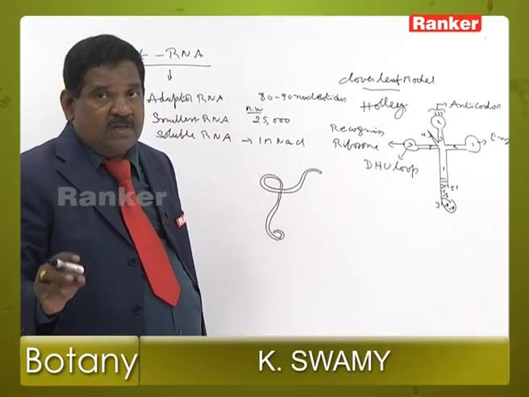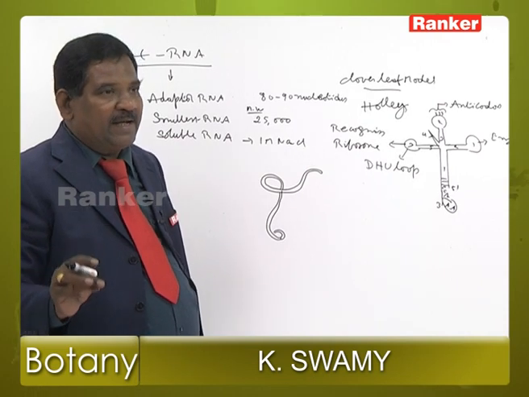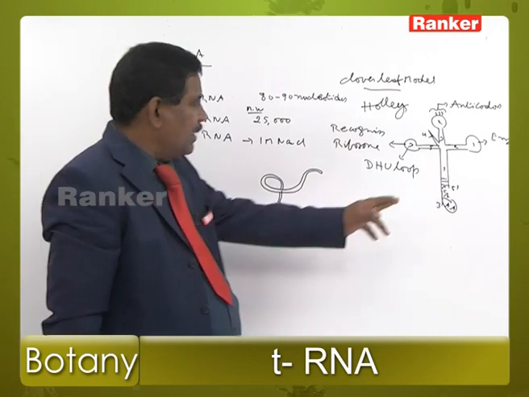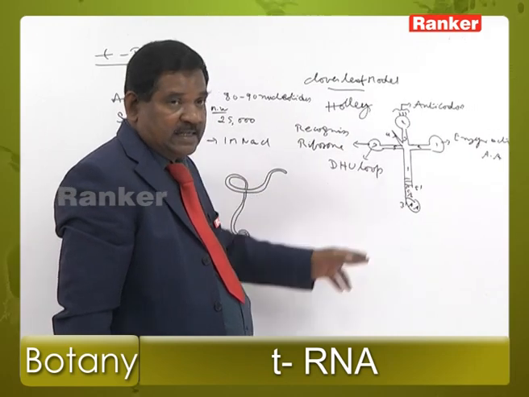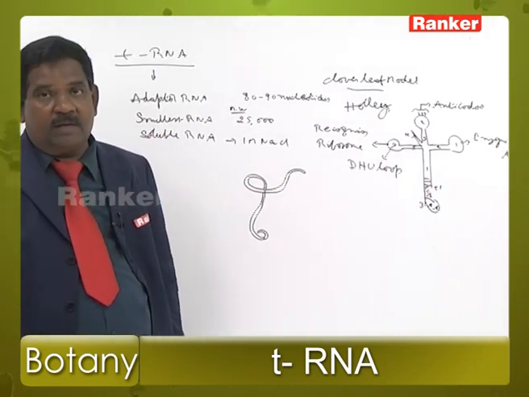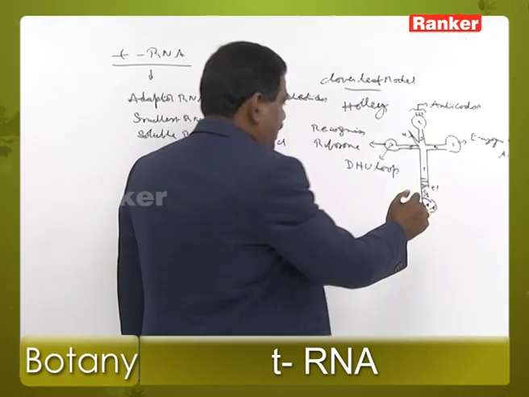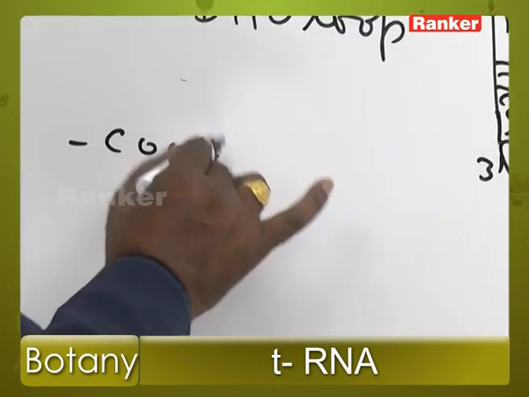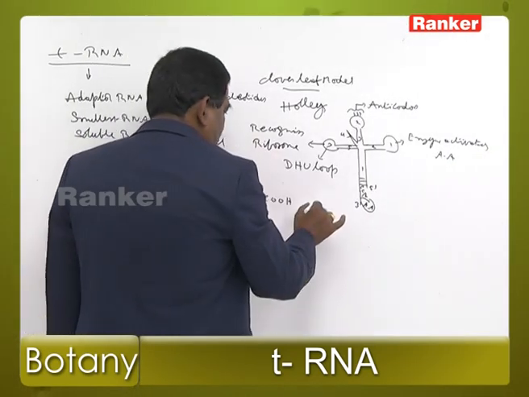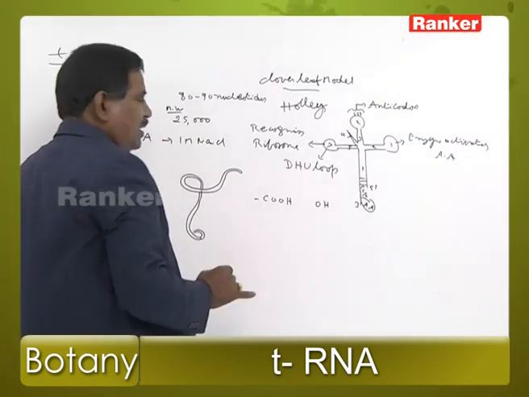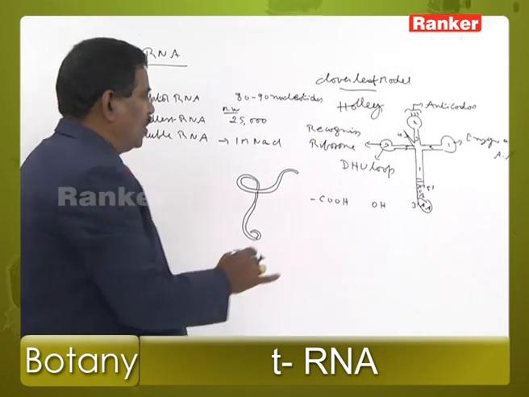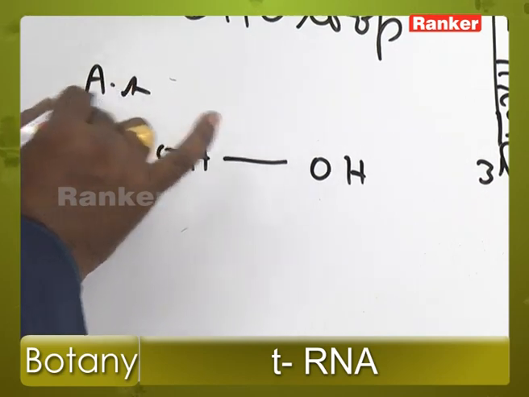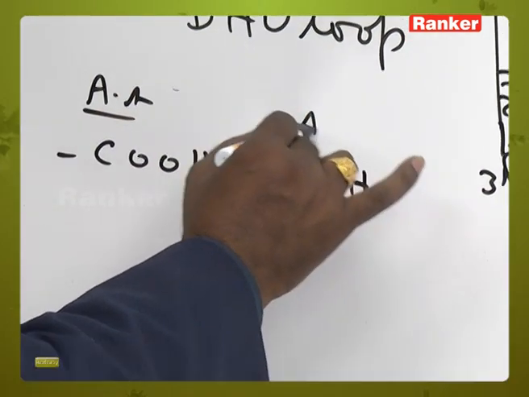Here the amino acid is attached, so it is also called the amino acid binding site. The amino acid binding site is CCA or the 3' end. Between the amino acid and the adenine present in this CCA, a covalent bond is formed, between the carboxyl group of the amino acid and the OH group of adenine.